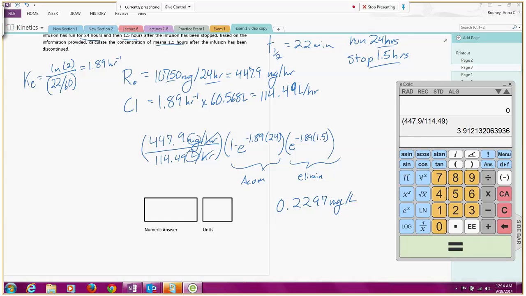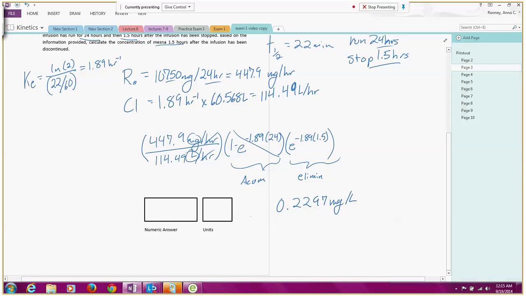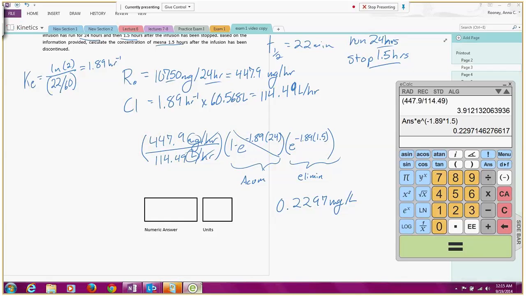Let's multiply that by our elimination rate, which is 9 times 1.5. So what did we find? We found that without this whole section, because we're already past that 5 half-lives, we found the exact same answer as when we entered all that in.